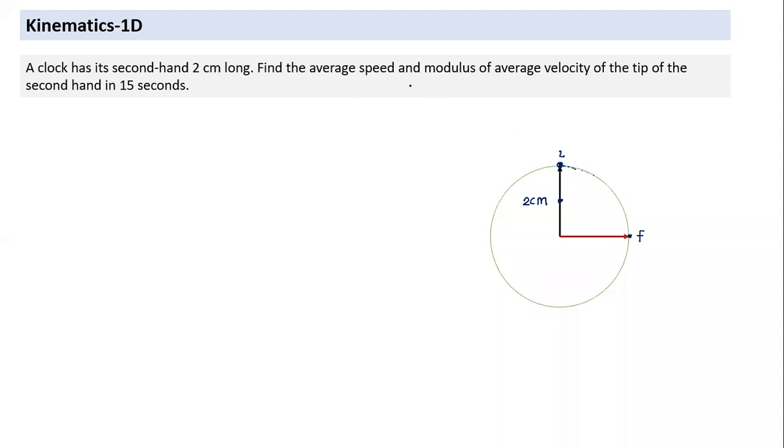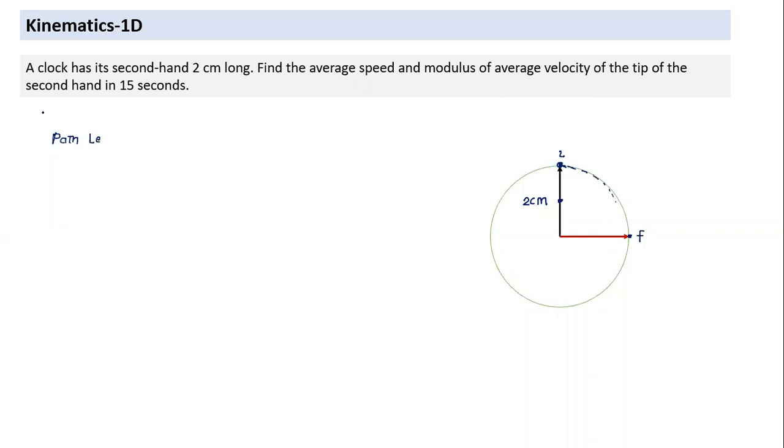Now what is average speed? For average speed, I need to find the distance. In this case, the path length will be along this path, the length of the path the tip has followed. How do we define the path length here?